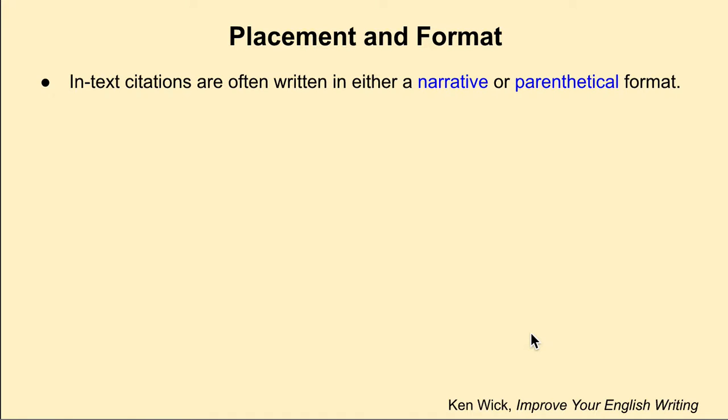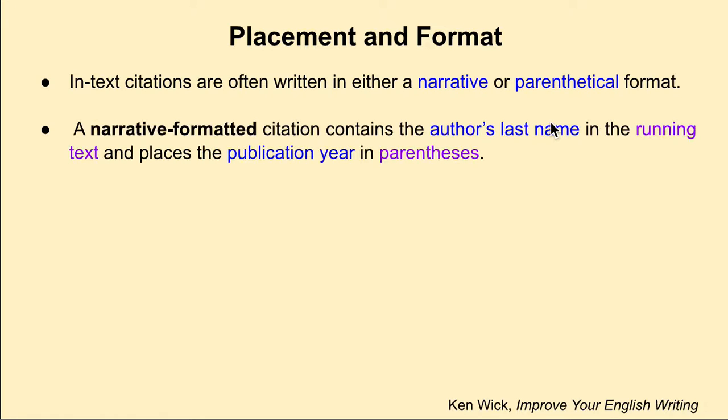In-text source citations can be written in either a narrative or a parenthetical format. Now, everything you've seen in the videos up until this point has been parenthetical formatted in-text source citations. But let's cover a narrative formatted source citation.